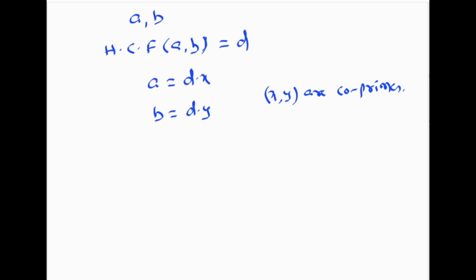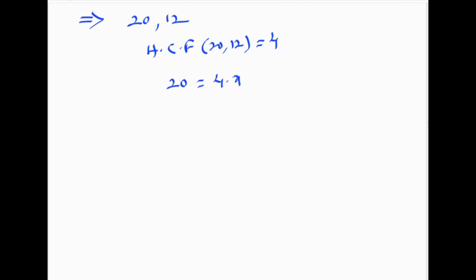Now what is the LCM of A and B? The LCM of A and B will be D into X into Y. So it is one of the famous formulas.